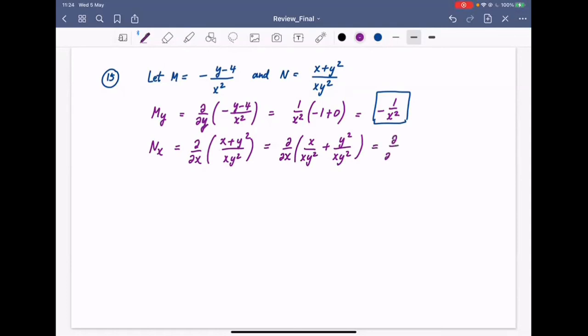I hate quotient rule. So 1 over y squared and then plus 1 over x. Oh, wow, this is a lot better, right? After you simplify it, it's better than quotient rule for sure. So differentiate that, you get 0 because you differentiate with respect to x, and differentiate 1 over x, you get negative 1 over x squared.